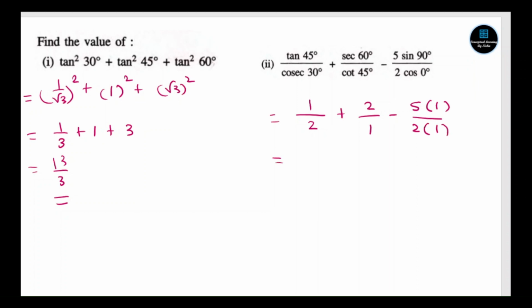So we have substituted all the values. If you look at the table, you will get the same values. Now I have to simplify this. So 1 over 2 plus 2 minus 5 over 2. When I simplify this, I'll get 4 over 2, which is 2. 2 minus 2 is 0. So this is how I can solve this. I hope you understood this one.